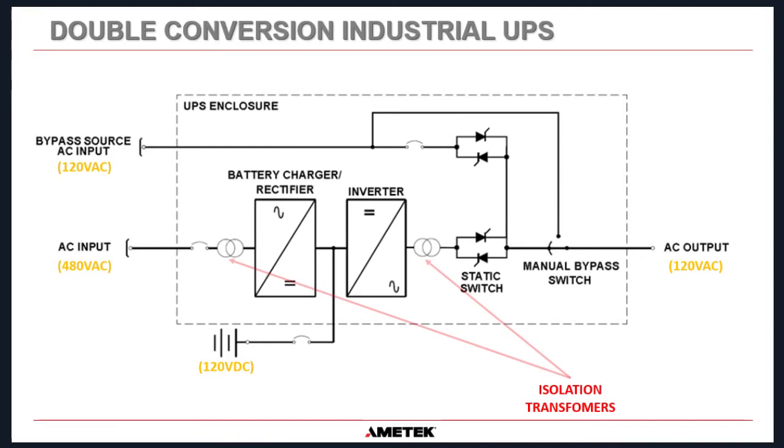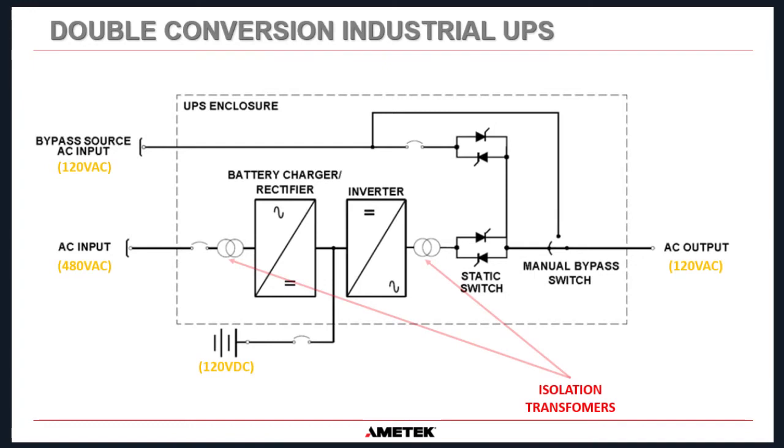The importance of the isolation transformers has to be stated. We always have to prepare for faults inside a system. Now remember, we have DC here from a battery, so we have to think about what happens if something inside this rectifier charger fails and allows a direct connection between the DC bus within the UPS to the AC input that comes in here.